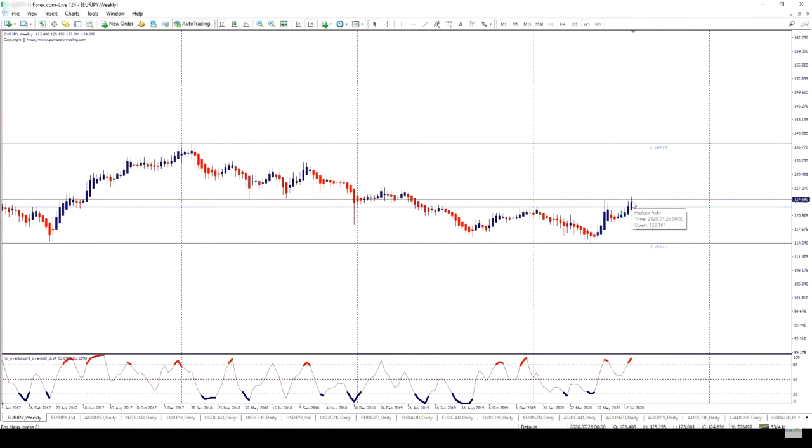Okay? For instance, if you go back to 2018, let's just start right here, and you see price bounce right off this level of support, of resistance, right? So price came all the way down to this level of support to begin 2019.